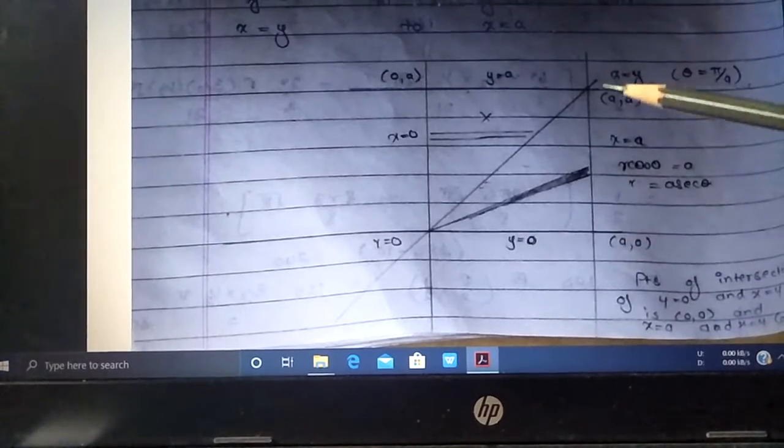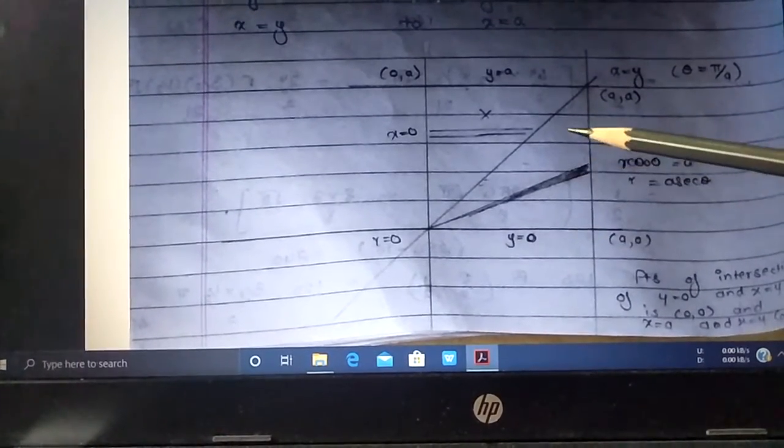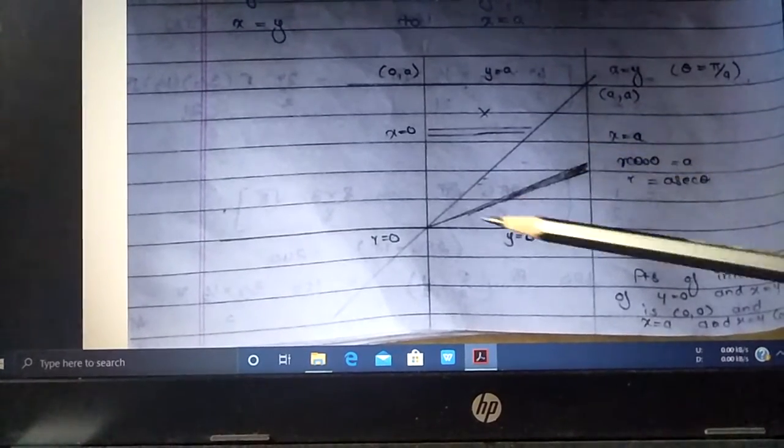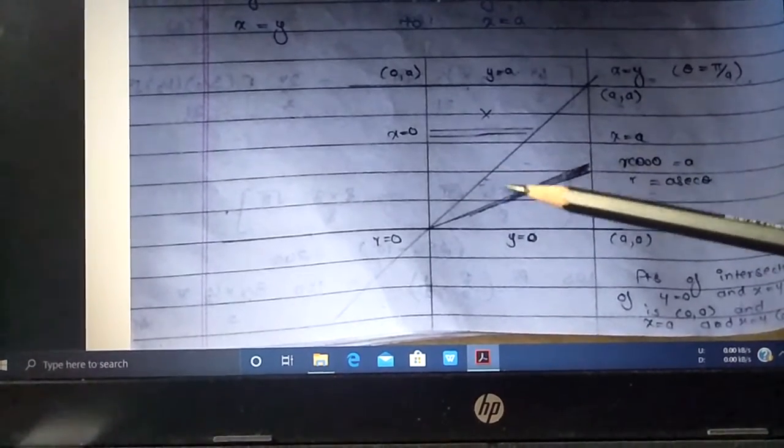So I am choosing this as our region of integration, as it is bounded by the curves given in the question, y equal to 0, x equal to a and x equal to y. So in this region it is bounded by the given lines, and I am choosing this as the region of integration. Now to cover this region, I have to draw a radial strip, because it is an example of polar coordinates.